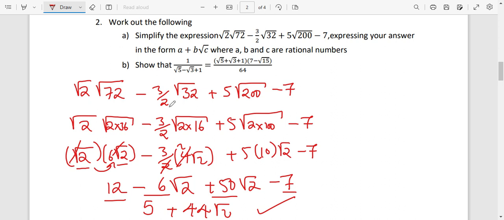Yes, Priska. So I'm a bit behind, starting from how you've cancelled these things. Which things? The root 2 and the 6 root 2.